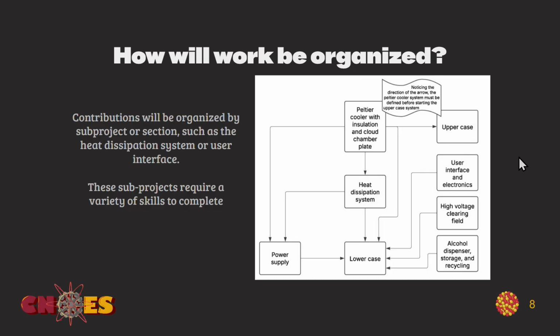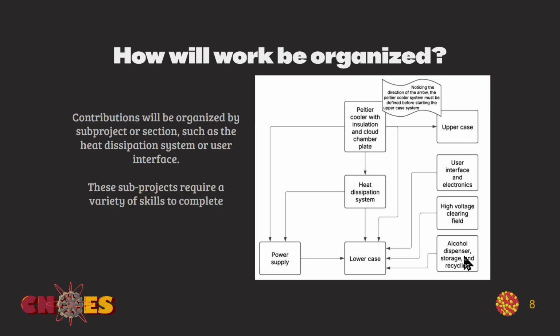Our user interface will be really electrical and computer engineering, as well as software, because we want to build an image detection model of sorts to detect trails. Then we will have our high voltage clearing field, which is a high voltage grid that makes the trails clearer. That will be an electrical engineering part as well.